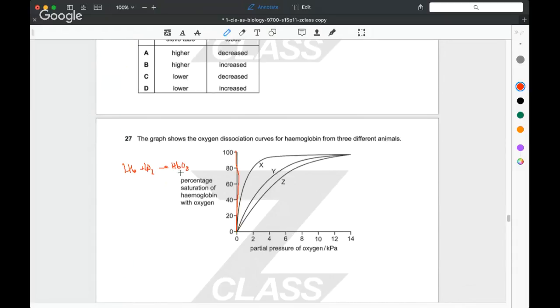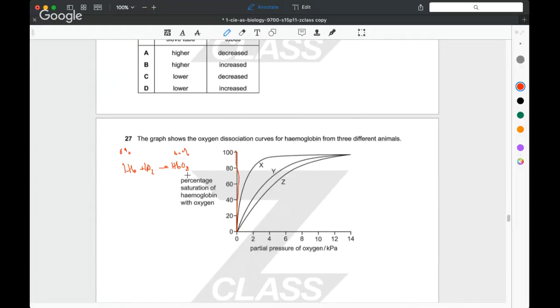And then at that point, the hemoglobin is fully saturated with oxygen. You might say at that point it's 100% saturated, but before any oxygen was added to it, it was 0% saturated.